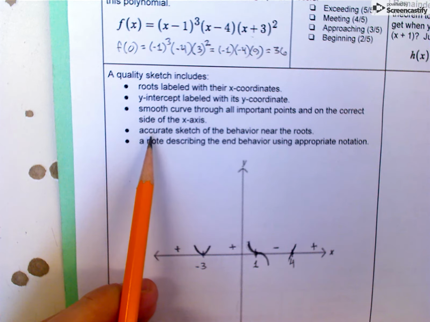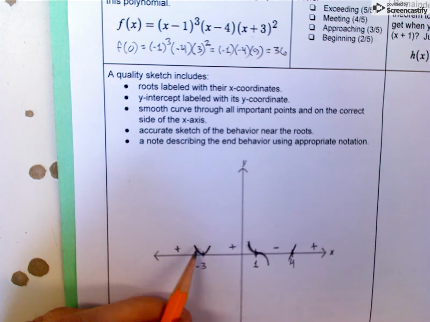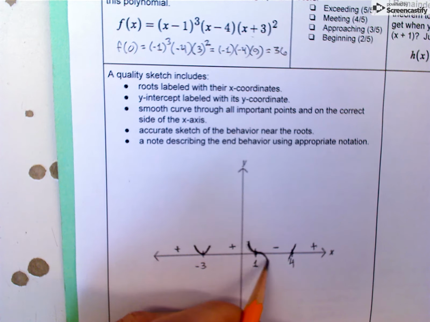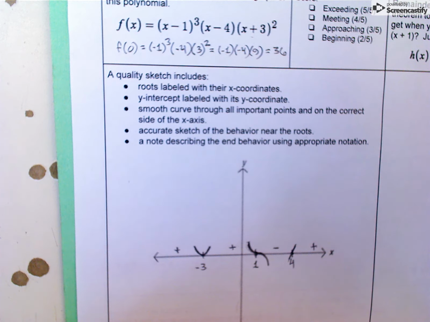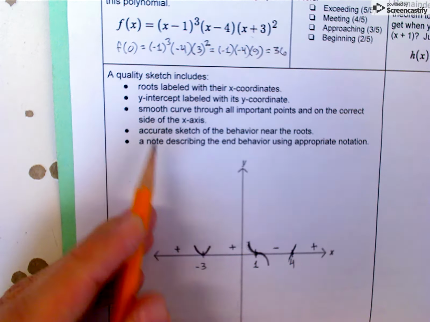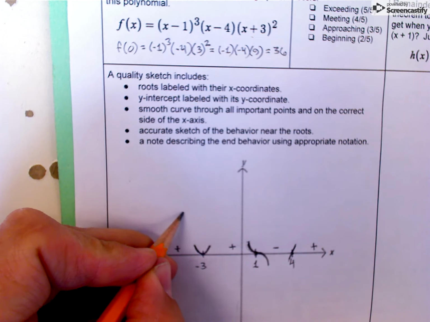And that's what this bullet is about. We want to include an accurate sketch of the behavior near the roots. Parabolic, cubic, linear. Okay? And now all I got to do is draw this smooth curve in order to connect these bits that I've already drawn.